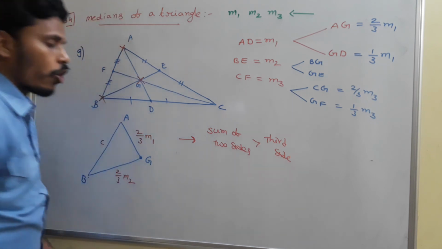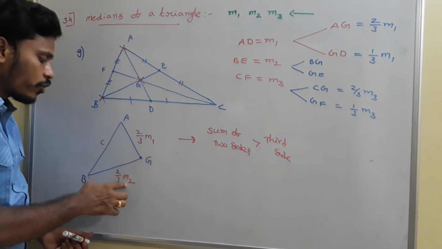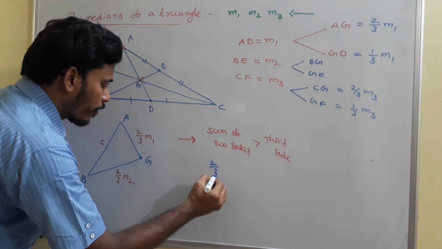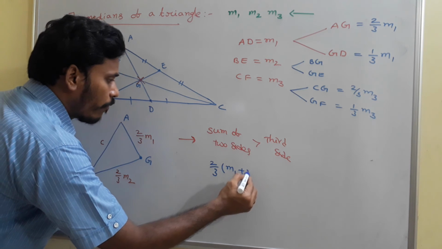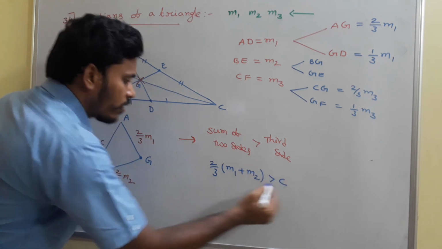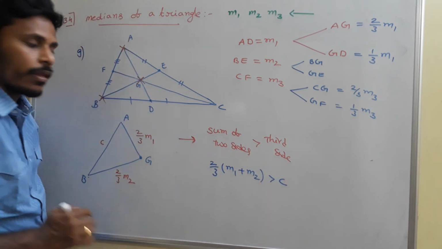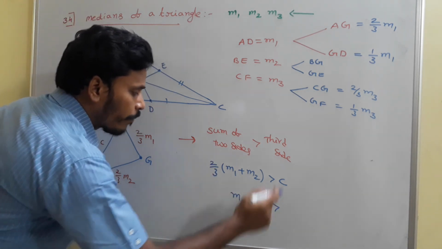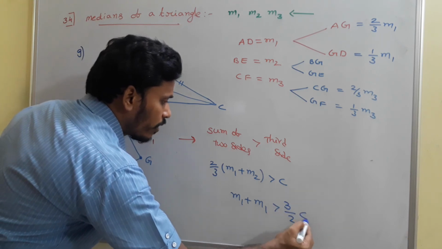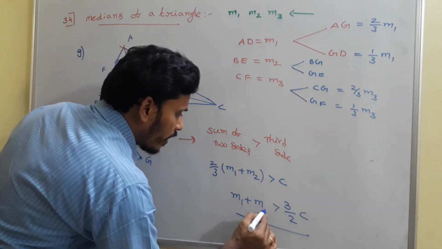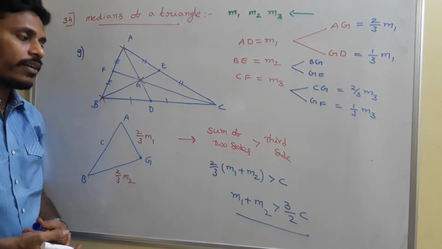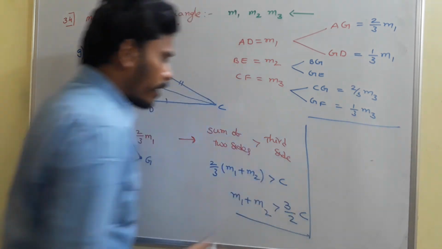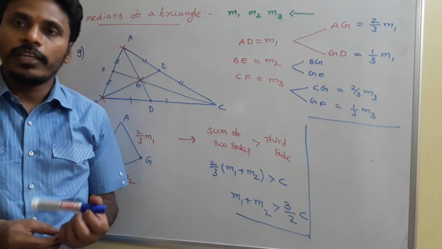Using this logic, if you take these two as the two sides and C as the third side, the sum of these two is 2 by 3 of m1 plus m2, which is greater than C. So m1 plus m2 is greater than, moving the 2 by 3 to the other side, 3 by 2 C. Therefore we conclude that m1 plus m2 is greater than 3 by 2 C.